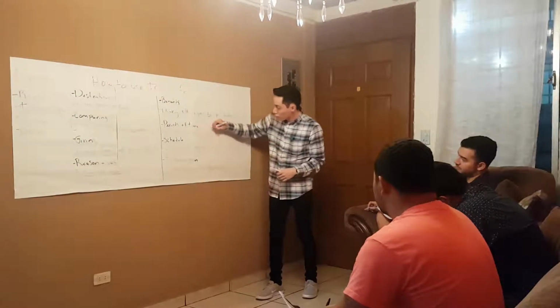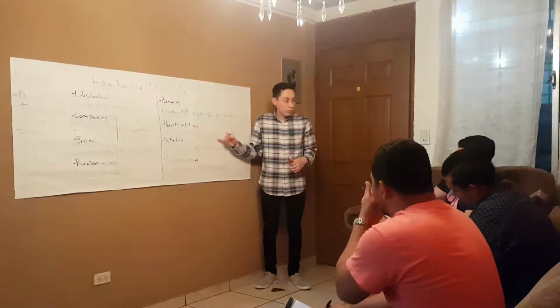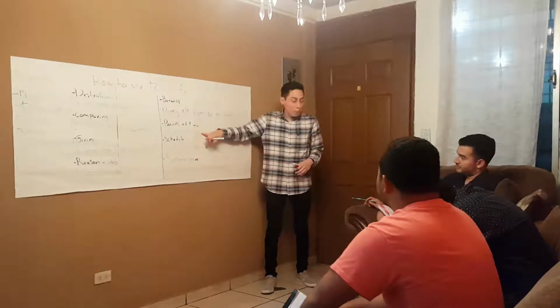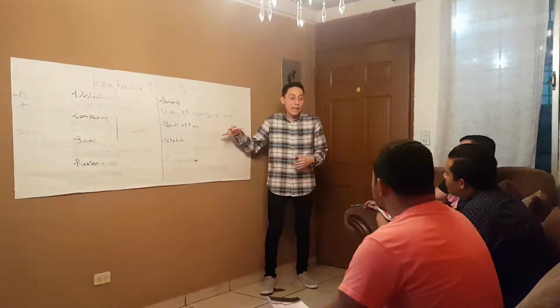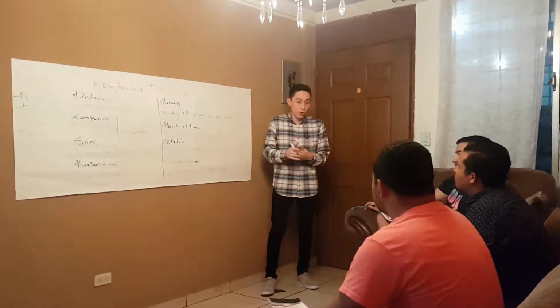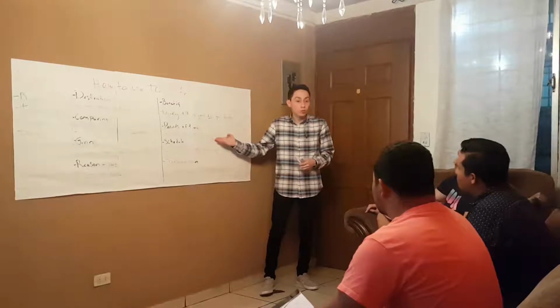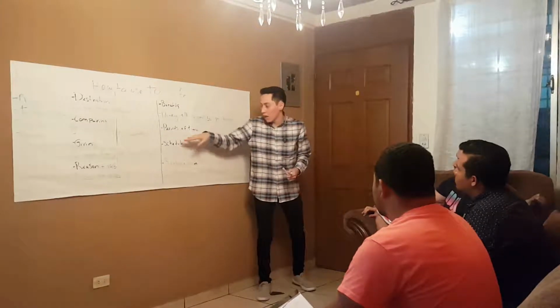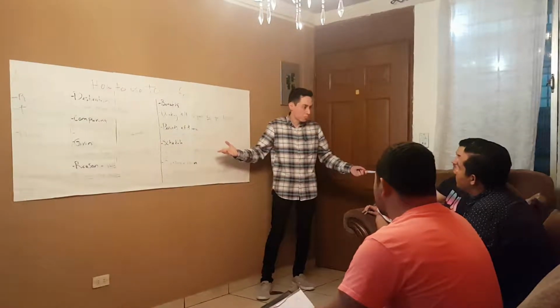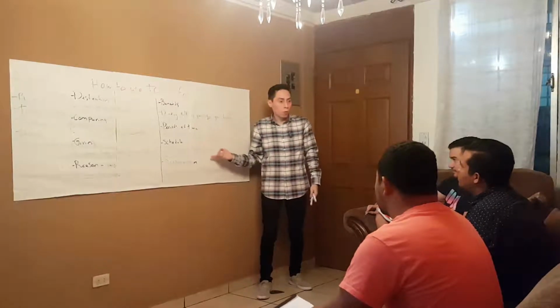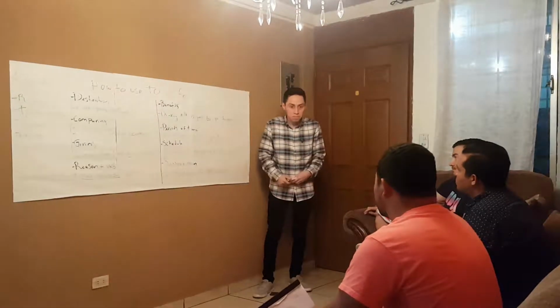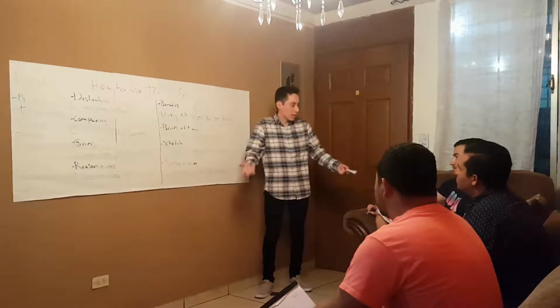Now, every time that you're expressing time using for, right next to the preposition for, it needs to be any time. Year, hour, month. Understand? And in this case, it's 2 years. Another example: I have lived here for 2 months, for 5 years, for 2 hours, for 1 day.